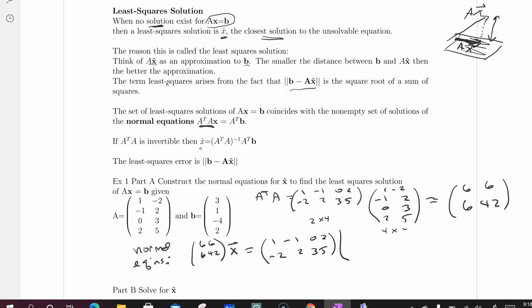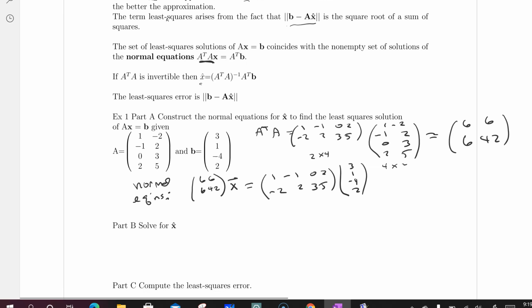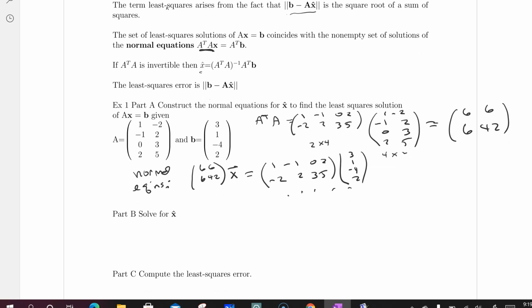The b they give me is 3, 1, negative 4, 2. Multiplying this side, I get 6, 6, 6, 42 times x, equaling, if I multiply this 2 by 4 times this 4 by 1, a 2 by 1. I just use my calculator. This is an invertible matrix, so I can go and solve for x.